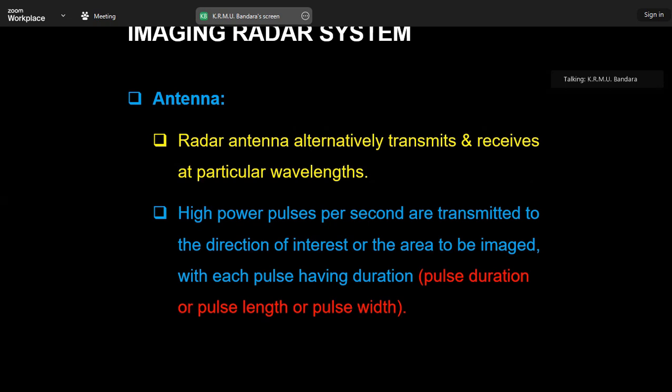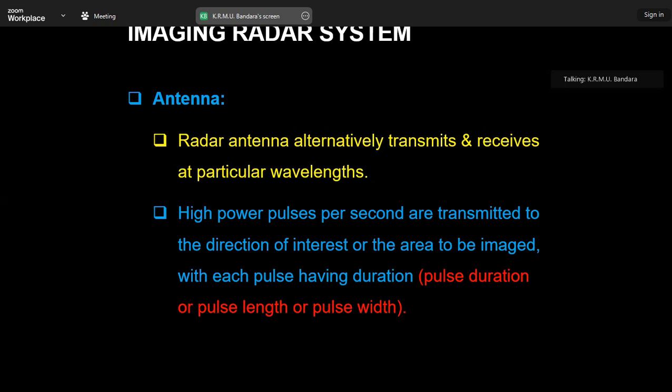Duration is a time, and there is a velocity or speed of the pulse, therefore with the speed and the time duration there should be a length, a distance, because distance is equal to velocity multiplied by time, if there is no acceleration.